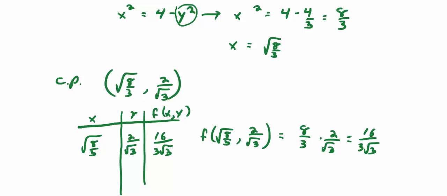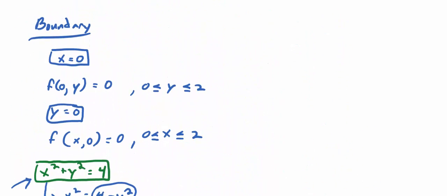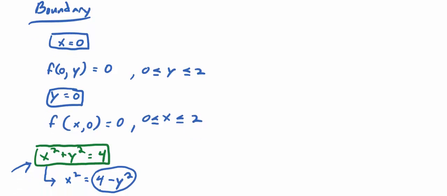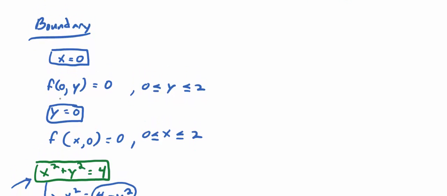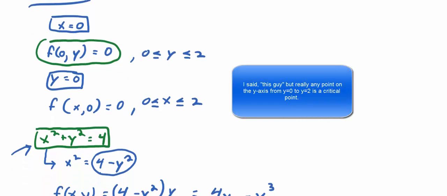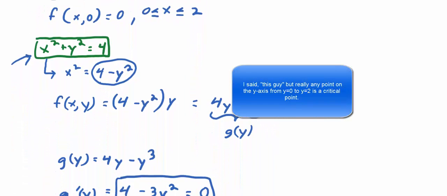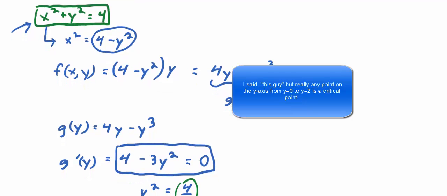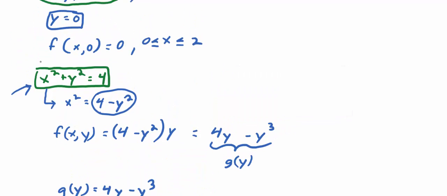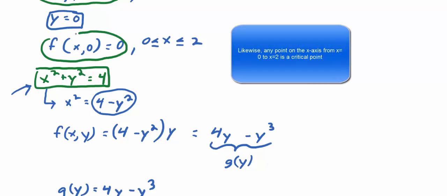And then remember our other critical points were basically this guy and, where's the other one, this guy, which both produce 0.